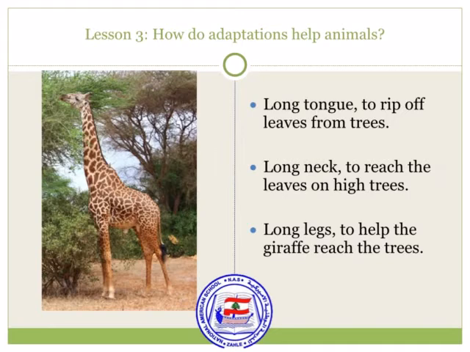It also has long legs for the same reason, to be able to reach higher trees. And finally, it has a long tongue which enables the giraffe to rip off the leaves from the trees.